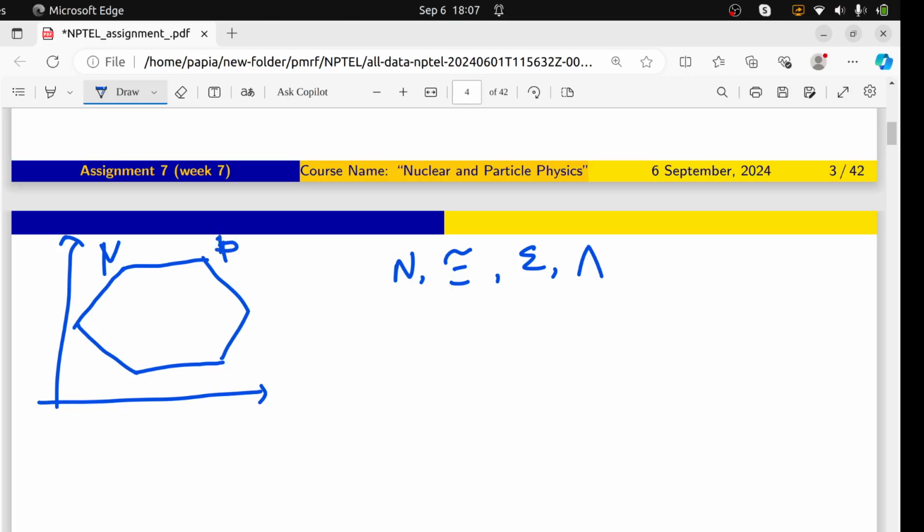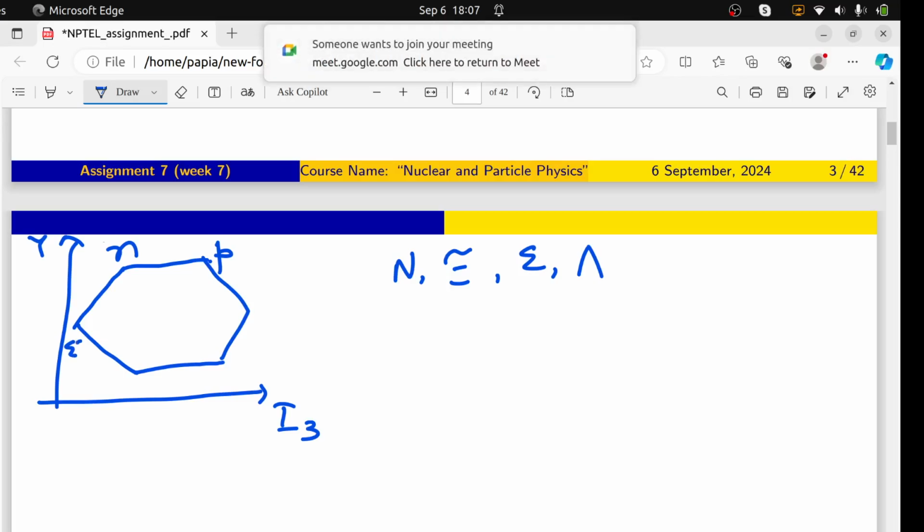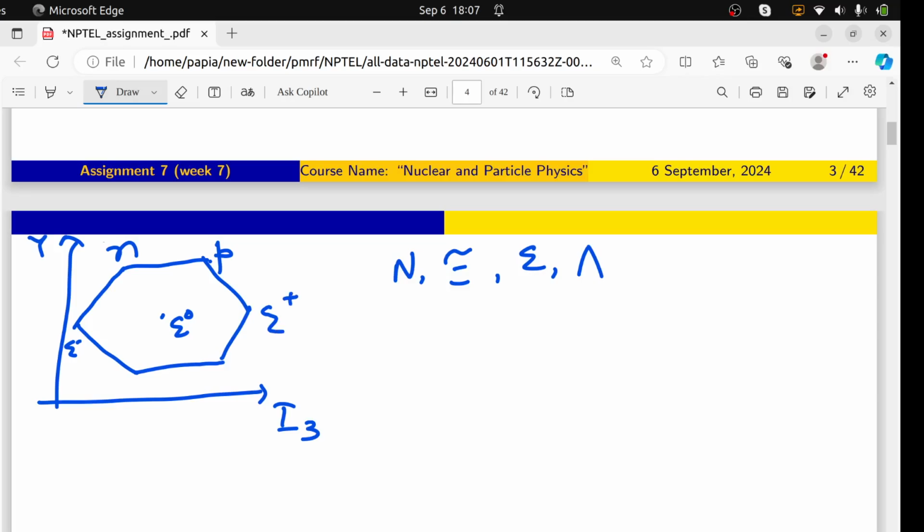We should write them in small letters. This is I3 and the Y value, or S value, whatever. This is n, this is p, this is sigma minus, sigma 0, sigma plus, and here lambda 0, and this is cascade minus, cascade 0.